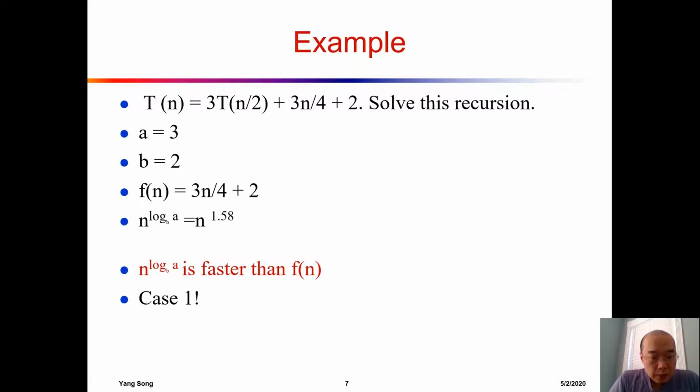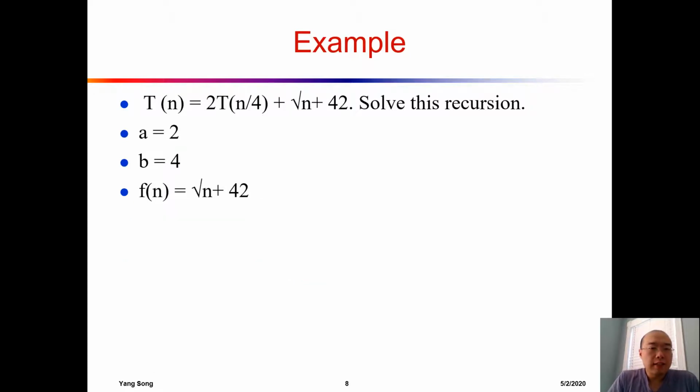Remember that f(n) is a linear polynomial in n. So n to the 1.58 is faster than f(n), and we apply case 1 here.